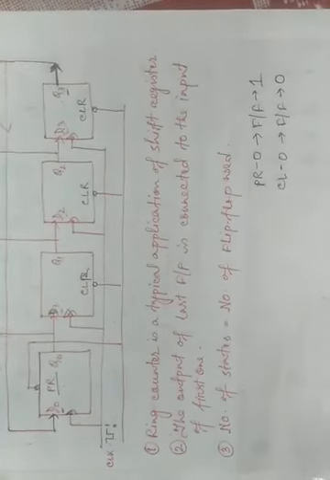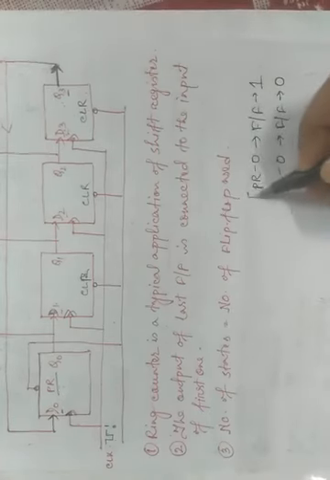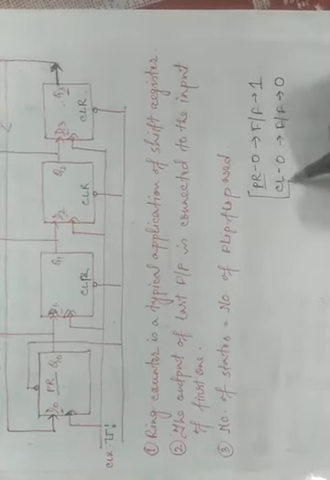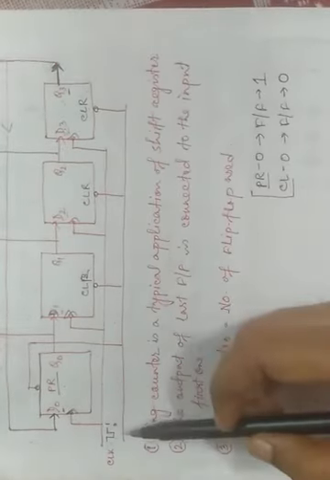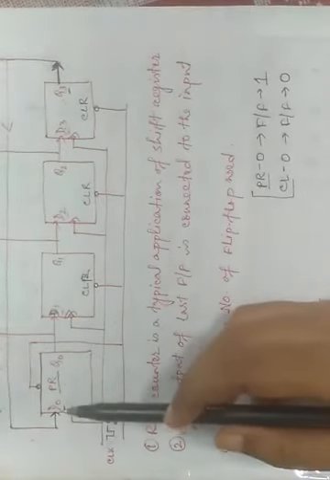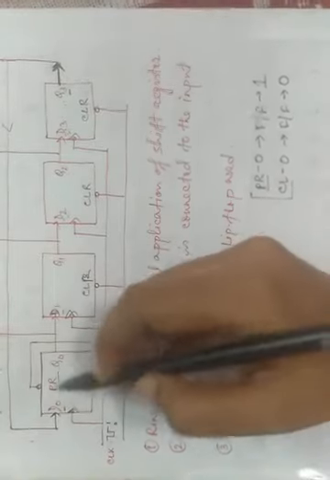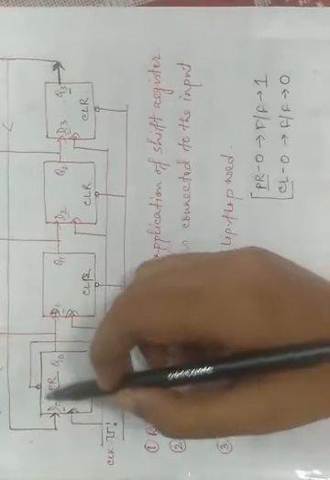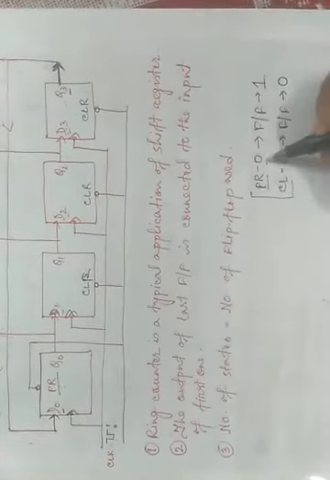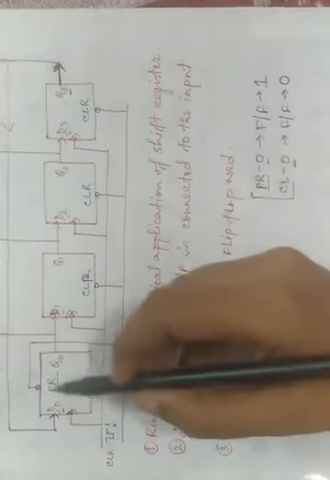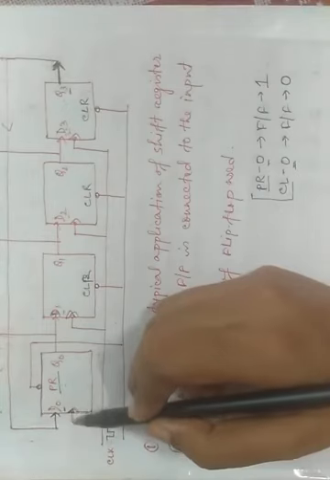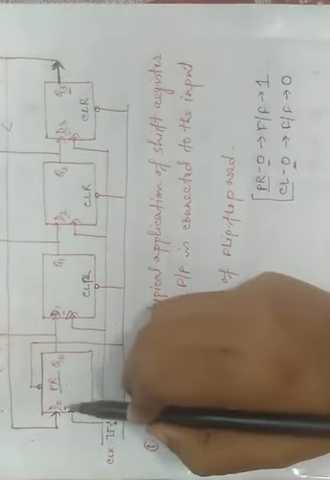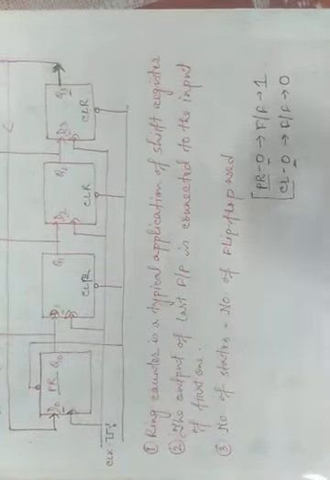Okay, so we all know that preset and clear are overriding inputs. Overriding input means whatever the value of clock and the input signal, if preset and clear input is applied as 0, then it works first without depending upon the clock and input signal.